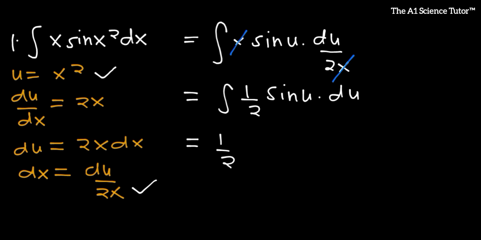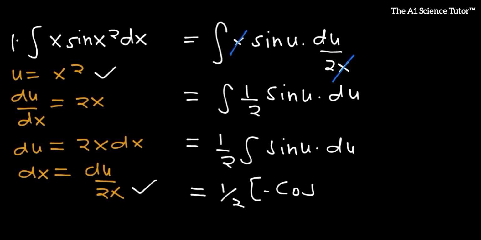So this is what we have. I just need to find out what will be the integral of sine u. Now the integral of sine u is actually going to be negative cosine u. And I'm going to add a c on it.